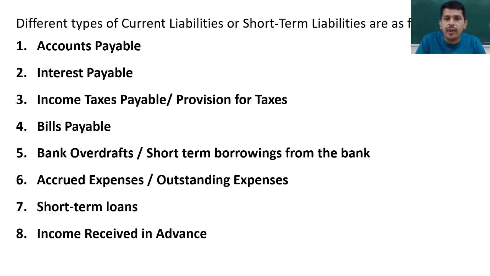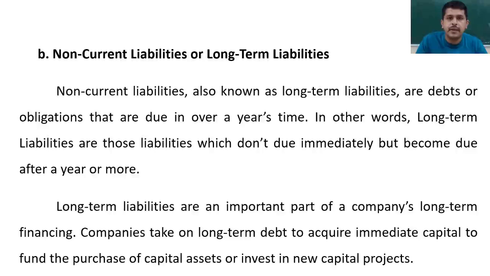Bank overdraft or short-term borrowings from banks and financial institutions. 6. Accrued expenses or outstanding expenses. 7. Short-term loans. 8. Income received in advance.